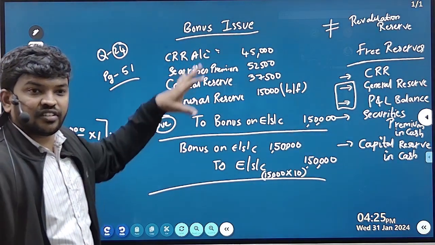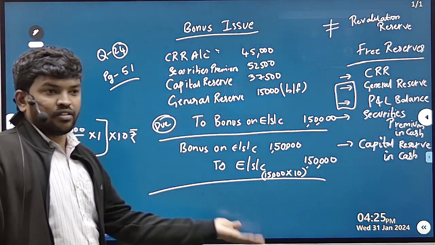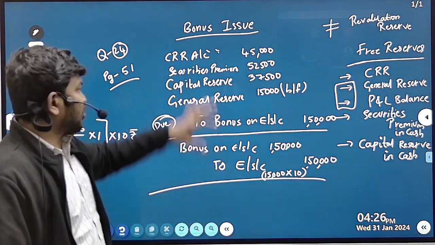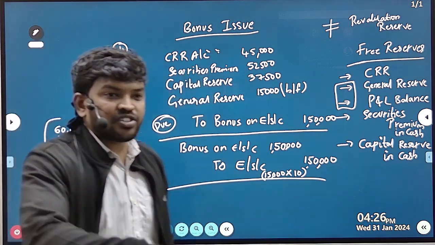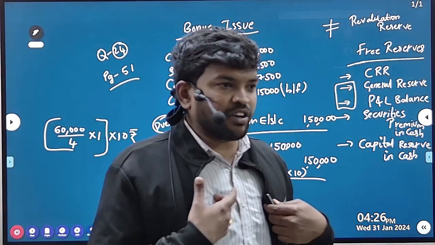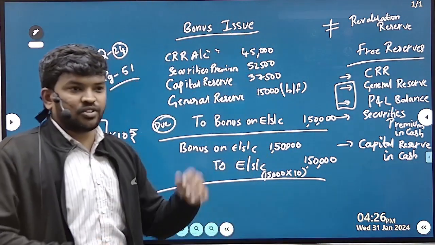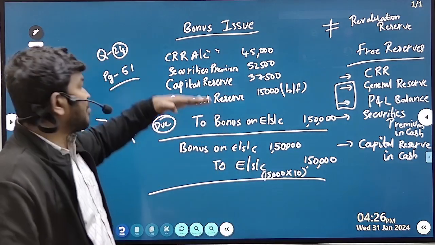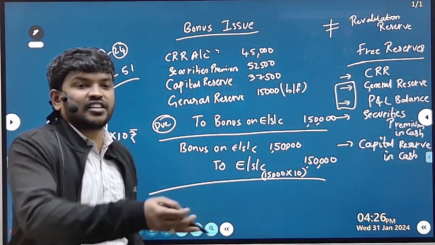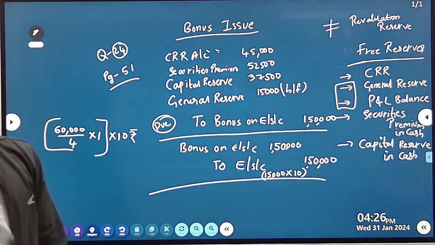Suppose if I receive cash, I debit cash account and credit equity share capital, yes or no? I am not receiving any cash because the bonus issue is free of cost. Nothing comes into my organization. Instead, my reserves will get reduced. So instead of the bank account, I am debiting the reserves account. Understood? Clear? Next entry.